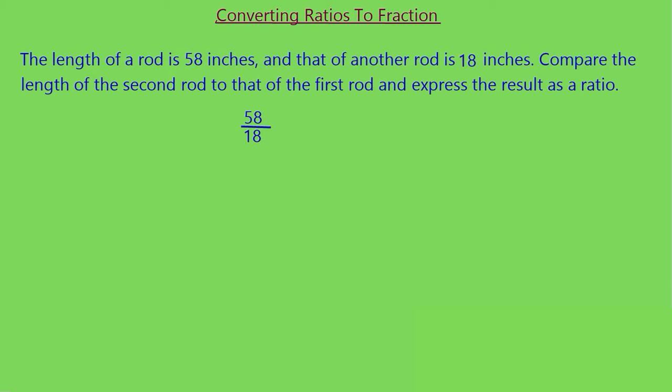What is the largest number that could go into the numerator and denominator without leaving a remainder? That number is 2. 58 divided by 2 equals 29. 18 divided by 2 equals 9. It is reduced to 29 over 9, and this is the same as 29 to 9.